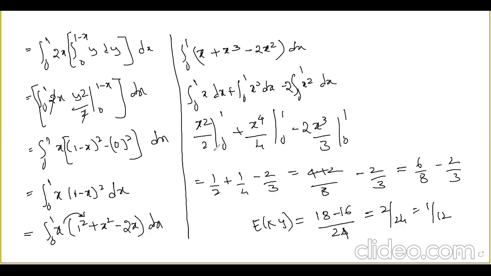So here x square by 2, 0 to 1, plus x to the 4 by 4, 0 to 1, minus 2 x cube by 3, 0 to 1. When we insert upper limit minus lower limit, we'll get 1 by 2 plus 1 by 4 minus 2 by 3. After some simplification, we will get 1 by 12.